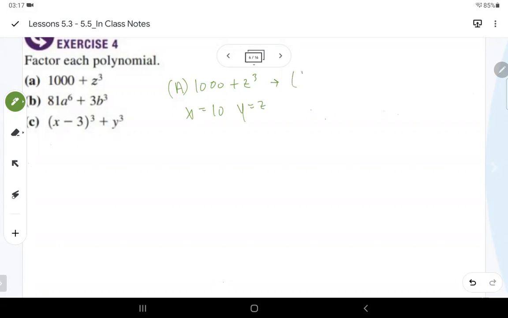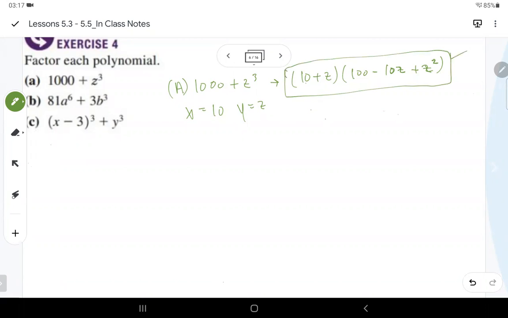So we'll have 10 plus z. X squared is 10 squared, so 100, minus, because it's the opposite sign, x times y, so 10 times z, and then plus y squared, which in our case is z squared. So that will give you the answer there.